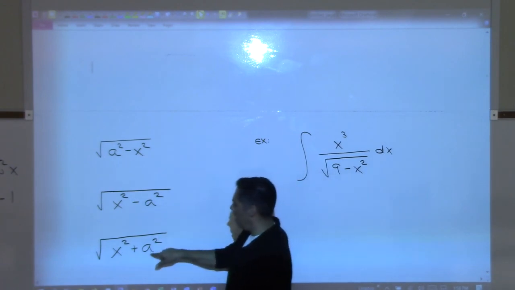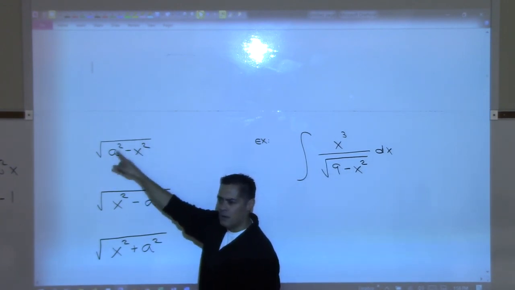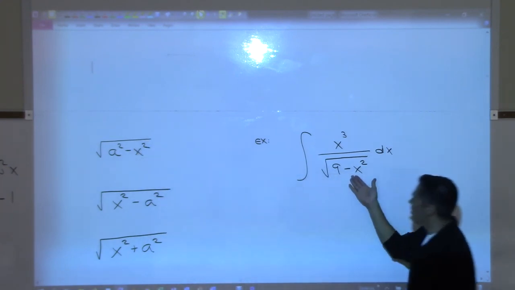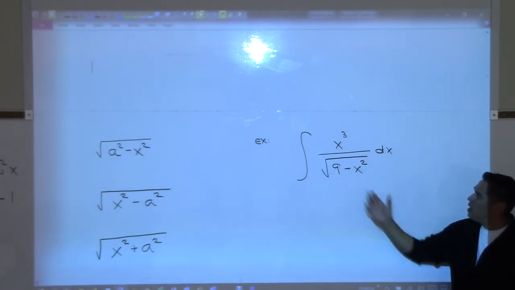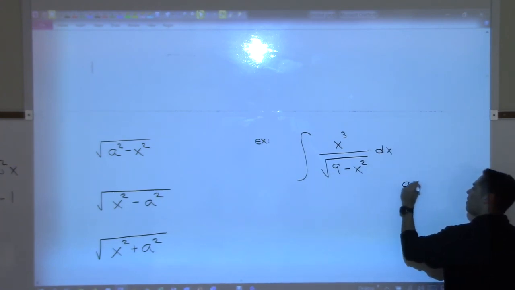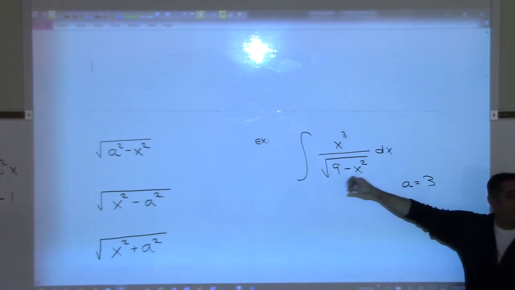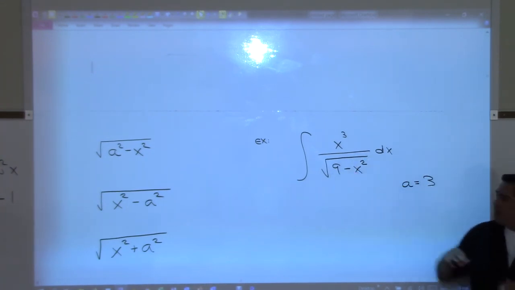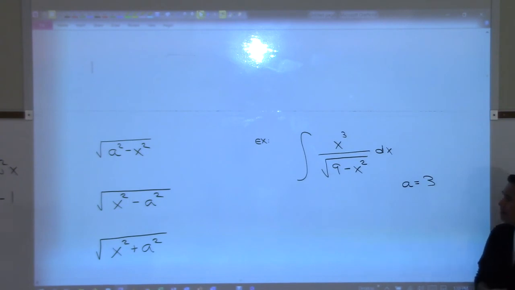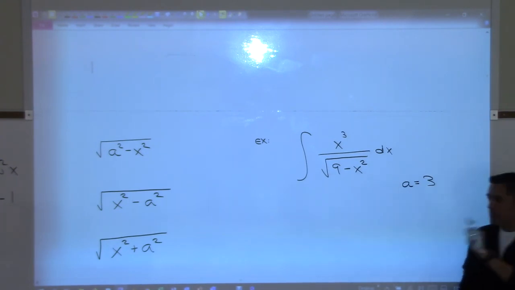Do we have a constant squared minus the variable squared under a square root? Absolutely, it's right there. Now, what would the a be in this problem? 9 or 3? 3. Okay, a is 3 in that problem because this is 9, and in the formula it's a squared. So a problem like this might be trig sub, might be.